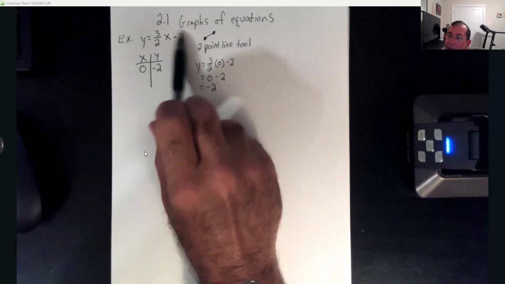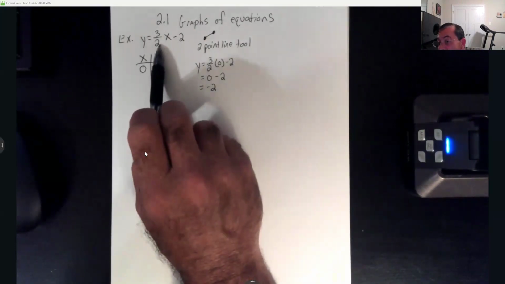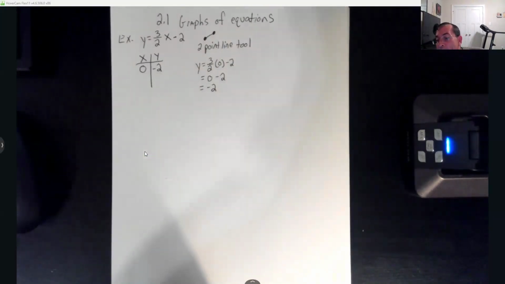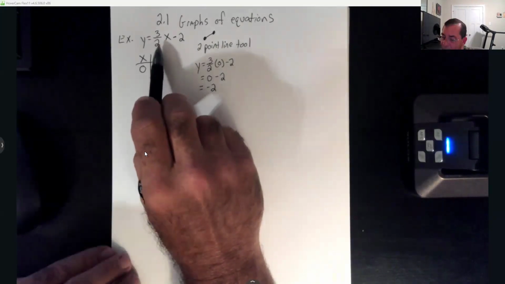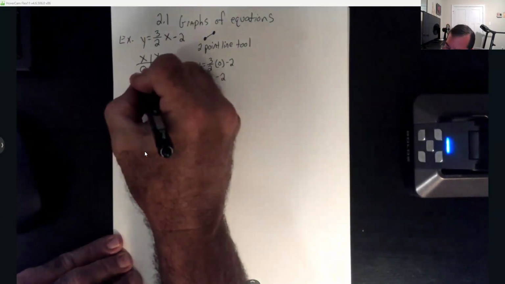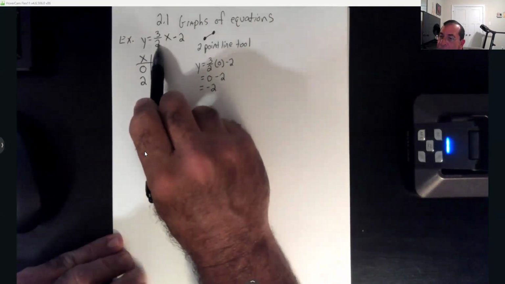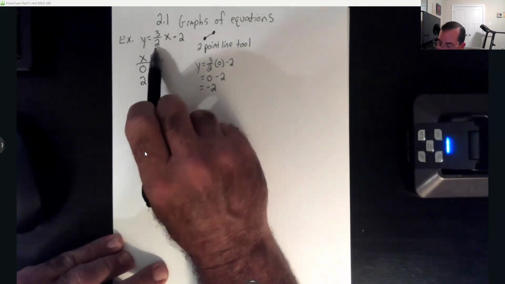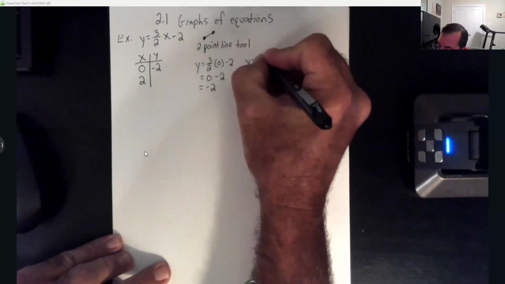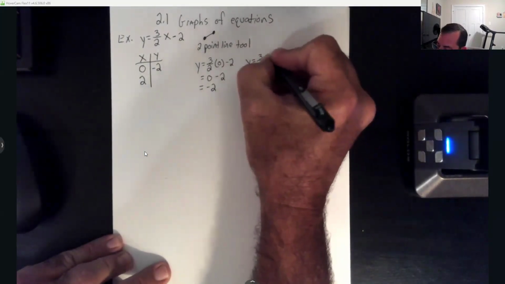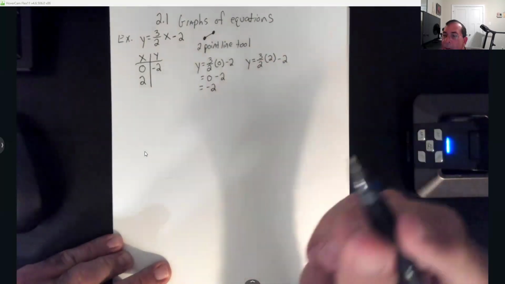Now, I need another number to use. Now, if there was not a fraction there, I'd probably pick a 1. But it does have a fraction. So what I'm going to do, I'm going to pick 2, since that denominator is a 2, okay? So y'all, let me show you why I'm picking a 2. That's going to give me 3 halves times 2, and then minus my 2.